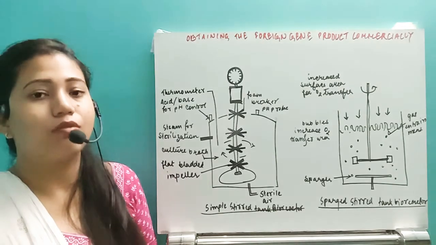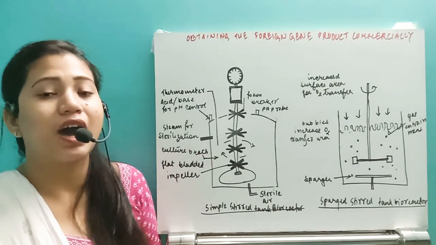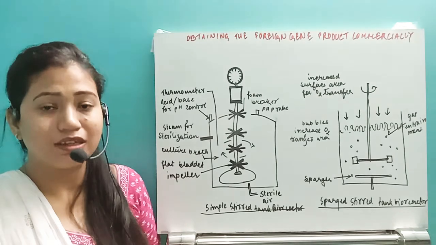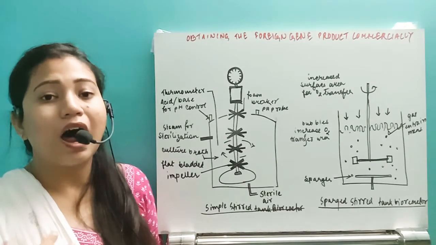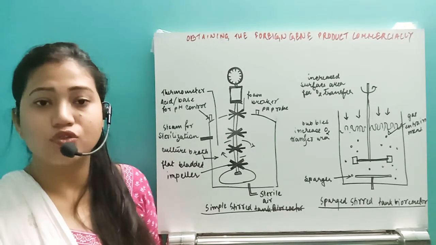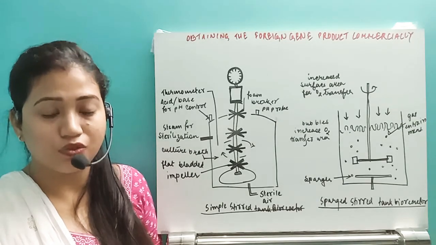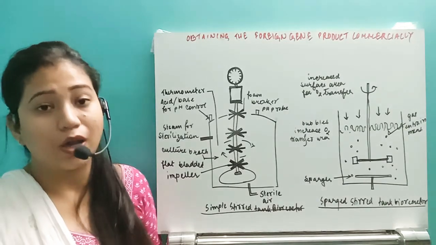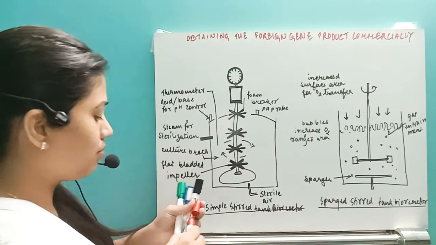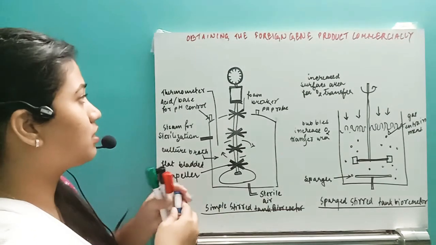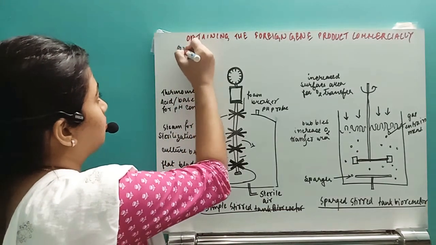For the commercial purpose, we have one technique, one method, by which large quantities, suppose from 100 to 1000 kgs of products, can be extracted by the use of bioreactors. So what are bioreactors?